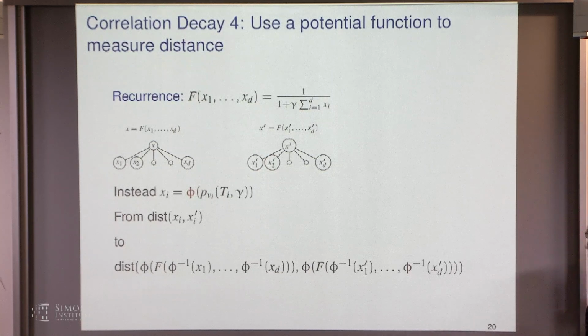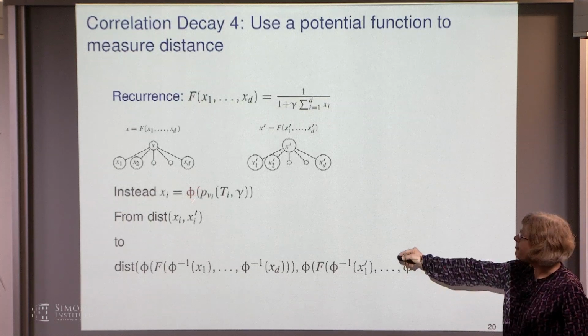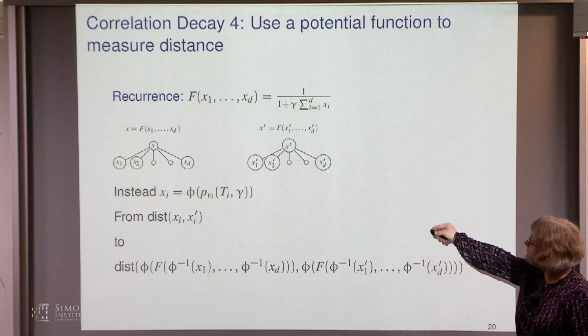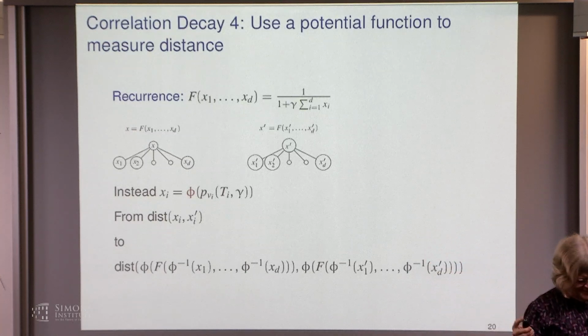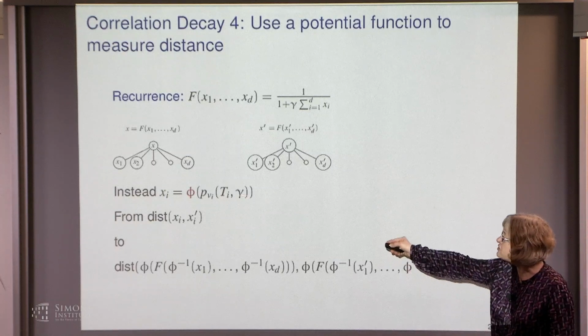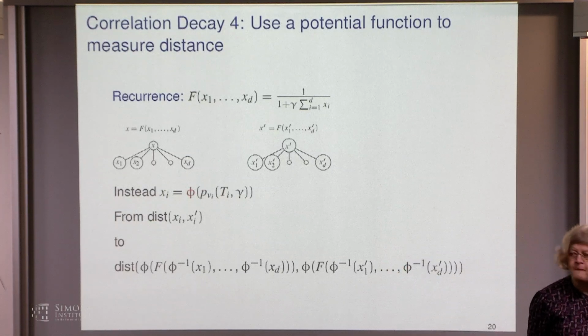And so what people do, if you haven't seen this before, unsurprisingly, it's a little bit of a kludgy area, is come up with a potential function, and instead of measuring the distances between the marginals themselves, we measure the distances between their potentials.